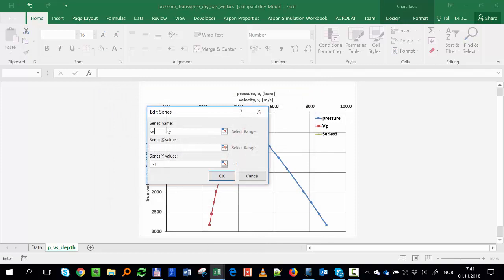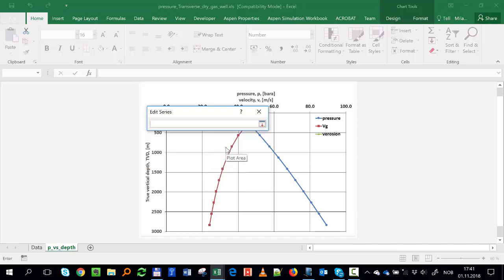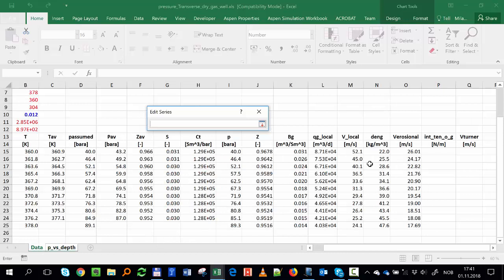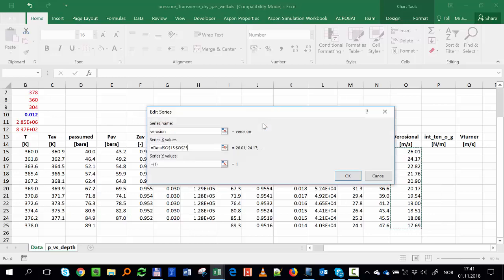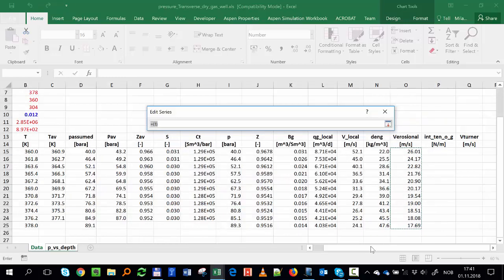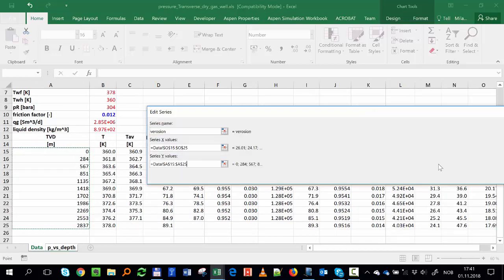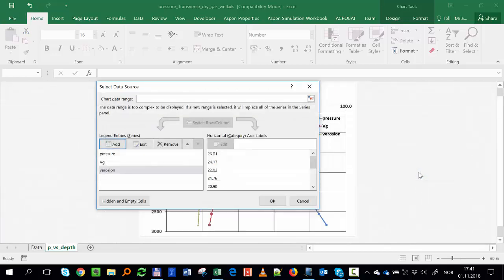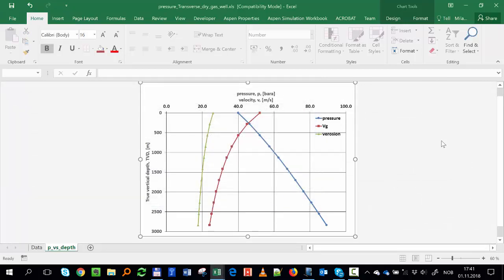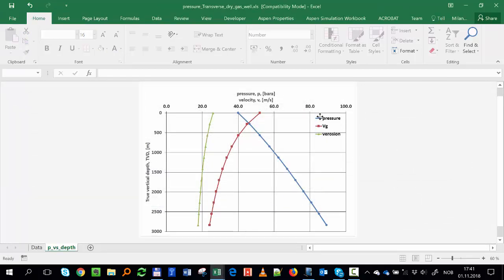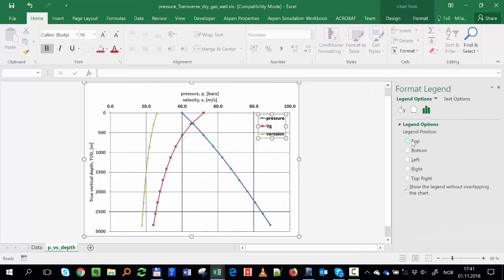This will be called V erosional. And remember, here the x is the velocity, because x is the horizontal axis. And then TVD, and it goes like that. Let me put this a bit nicer.